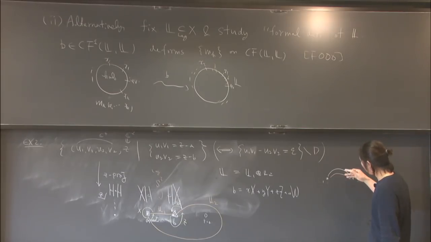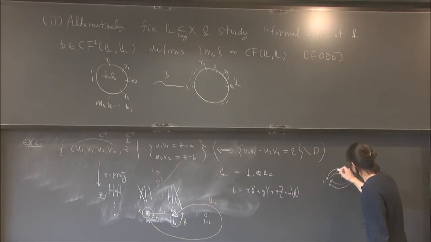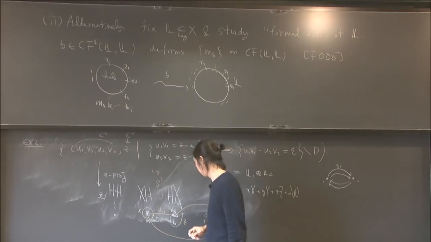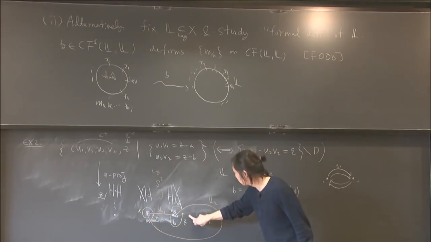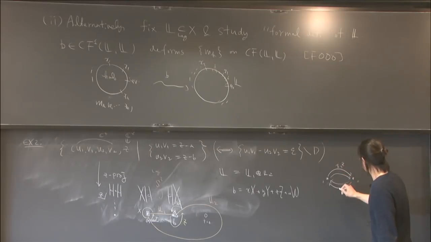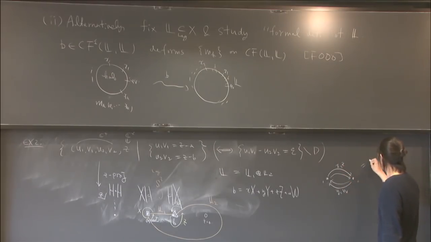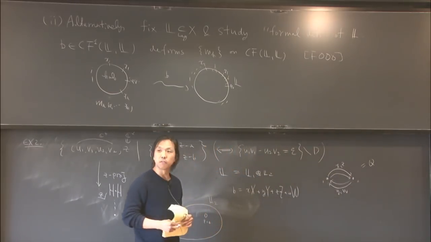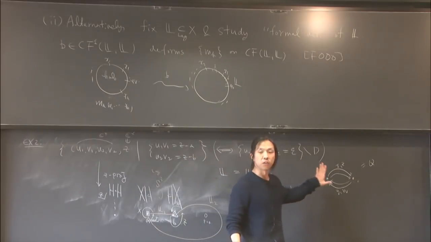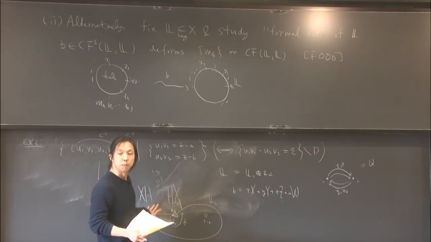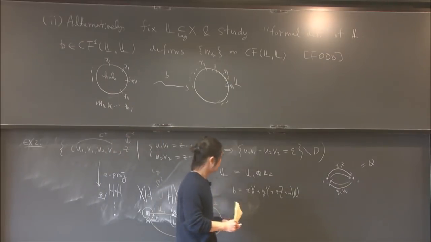And then you have 2 arrows in both directions. x is going from L1 to L2, and z is also going from L1 to L2. So I put x and z here, and y and w here. This is my quiver Q. And this x, y, z, w were taken from the path algebra of this quiver Q. So this is simply keeping track of when you can compose these morphisms x, y, z, and w.